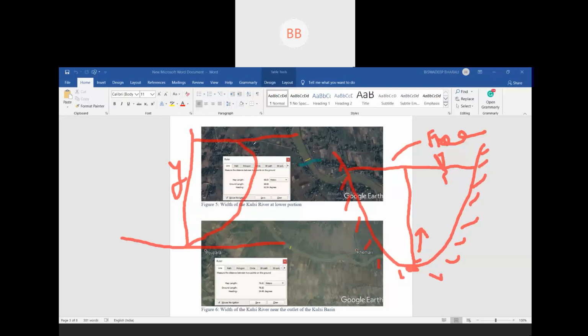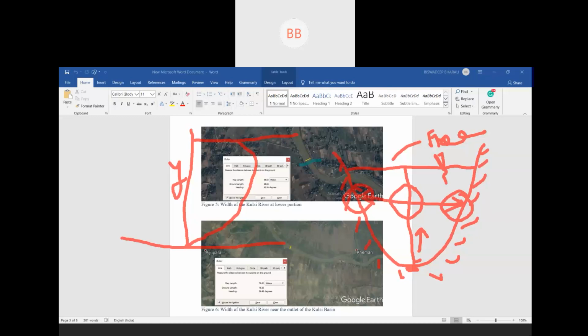So that's why measuring velocity is very difficult, as it is not constant. Similarly, if you move from left to right, definitely because of the friction with the boundary, the velocity near the boundary of the channel is less than in the middle portion.